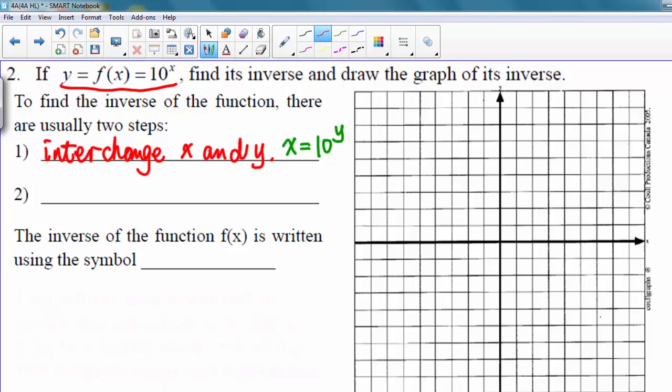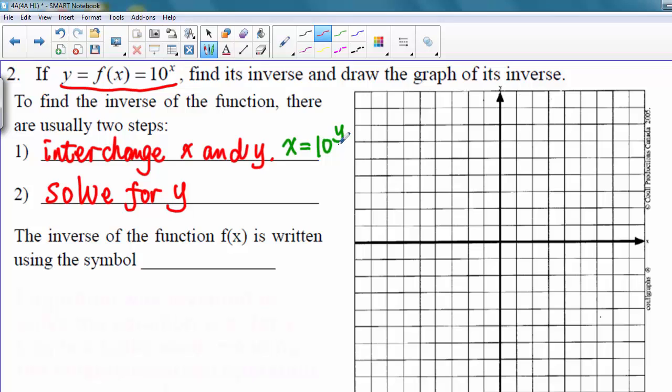Then the second step is solve for y. When we want to solve for y here, we find that we will have trouble in finding the y. So how can we find y?